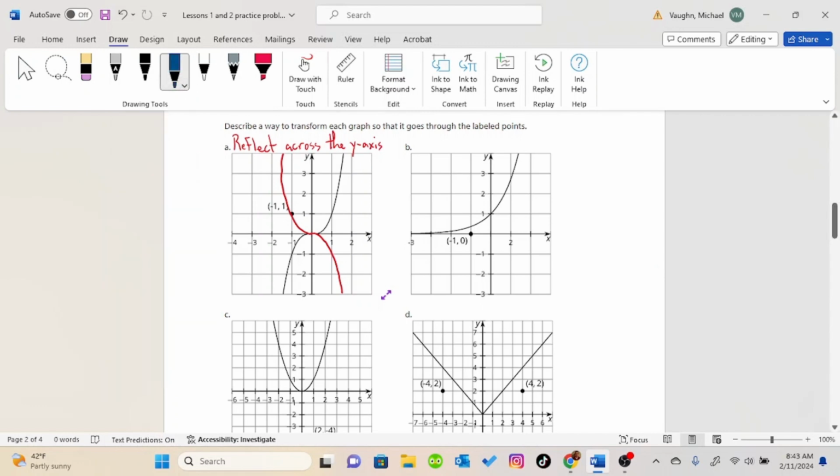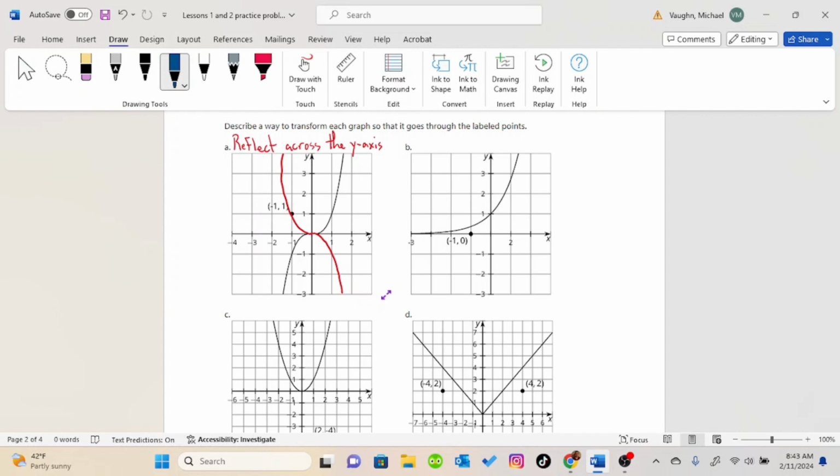B. You could shift this down. You could shift this right. Or you could even say this point is right on a crosshair.